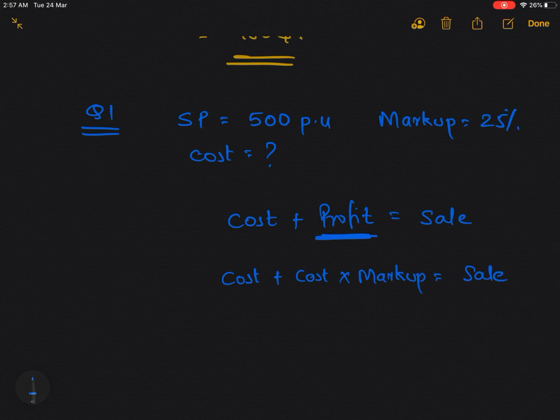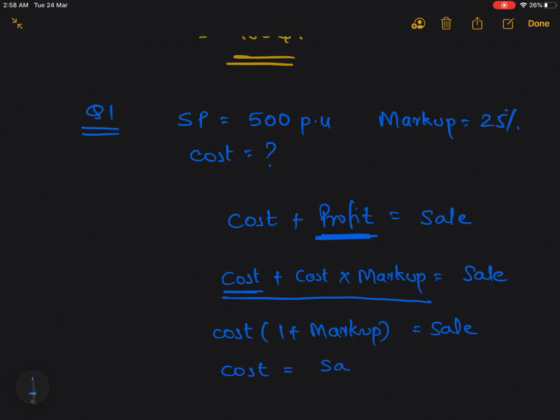What I do further is from this entire thing I take cost common, 1 plus markup. Simplifying it further, cost is equal to sale upon 1 plus markup. So I have derived one formula over here.